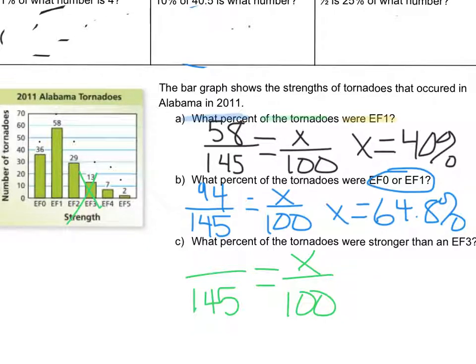So we do 7 plus 2, and that's 9. 9 times 100, 900. And then divide that by 145. And you get x equals, and again, you had to round this one. I got 6.2%. All right. Looks great. Let's move on to the next page.